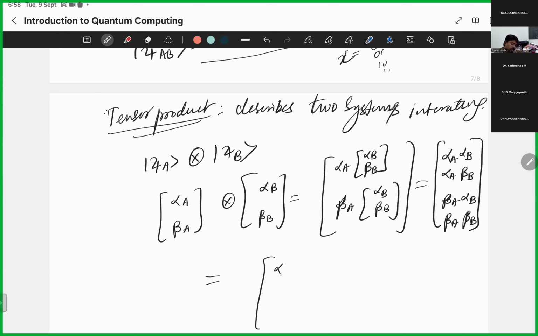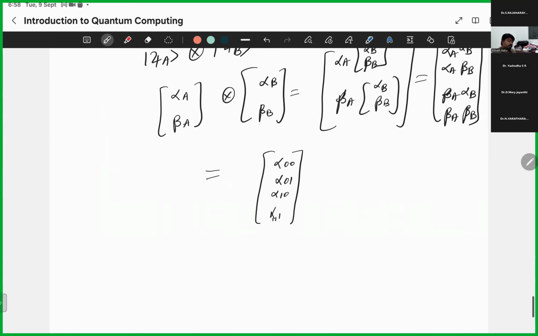This is like alpha 0 0, alpha 0 1, alpha 1 0, alpha 1 1. So this is how higher dimensional quantum systems are realized.